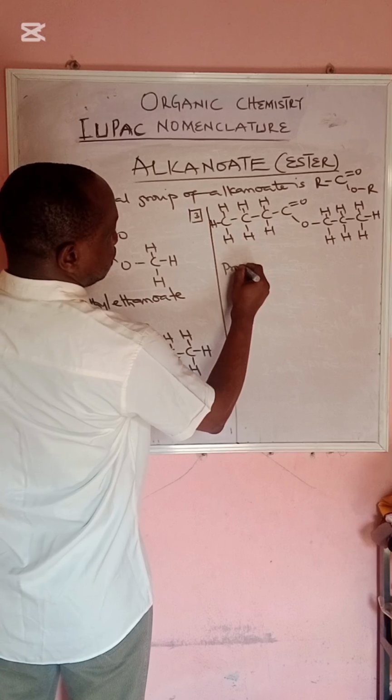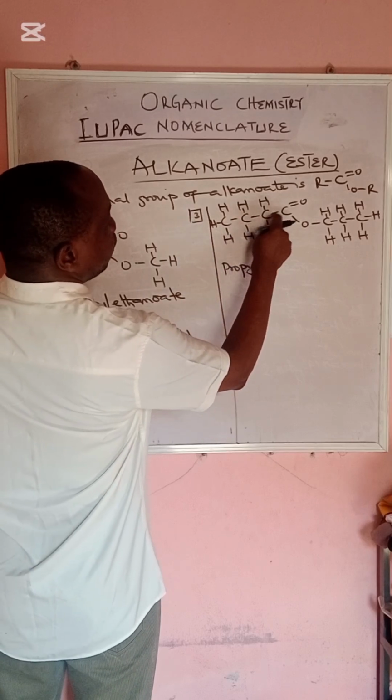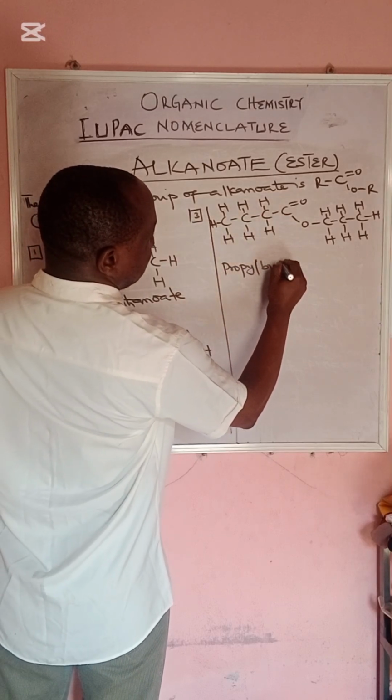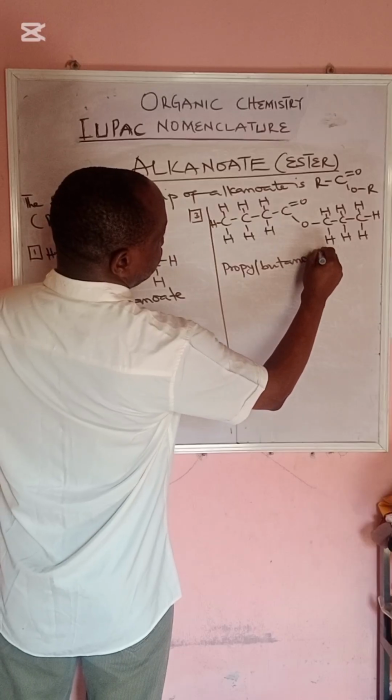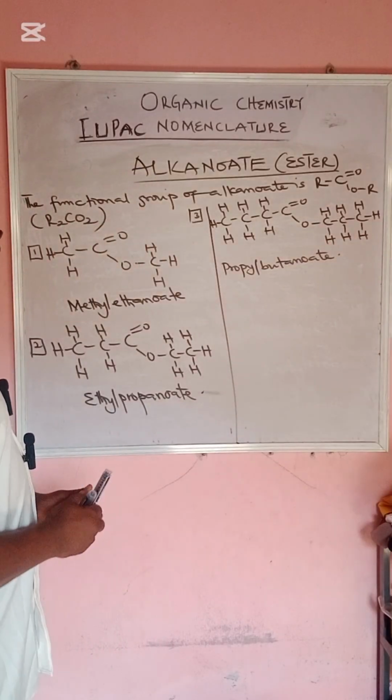So 1, 2, 3, 4. That is a butanoate. All these are alkanoate esters.